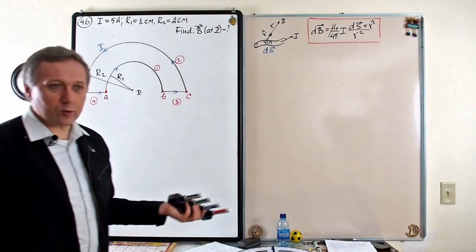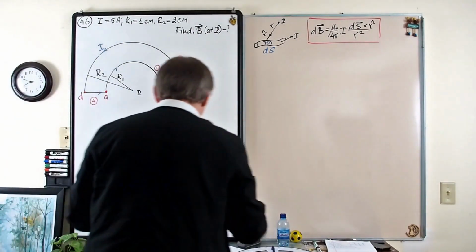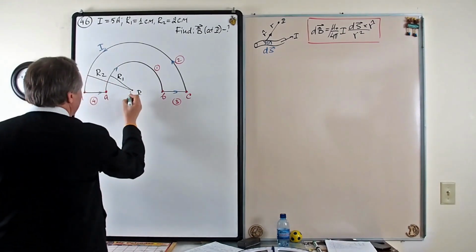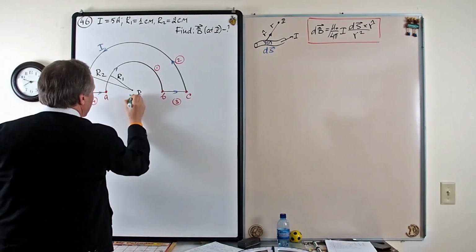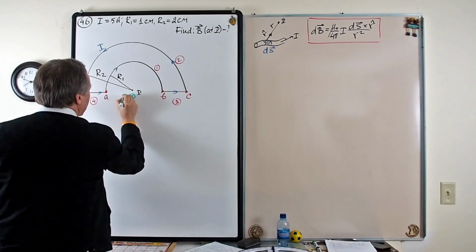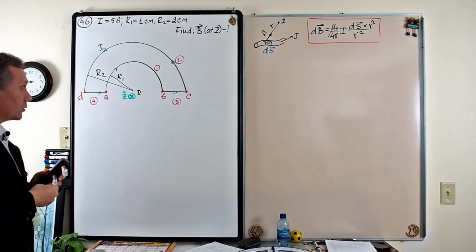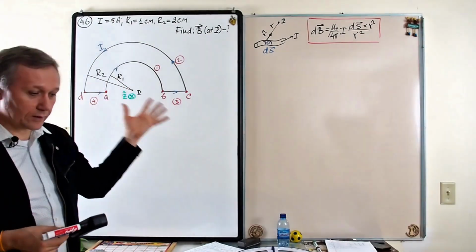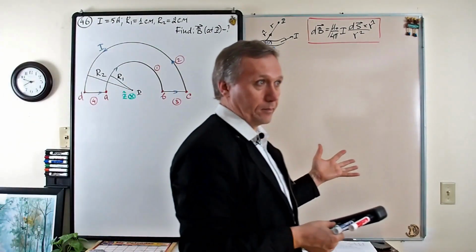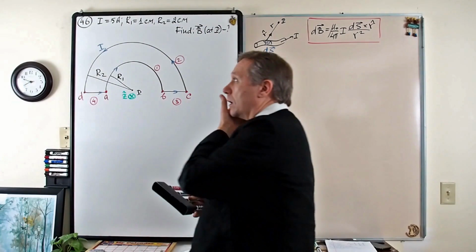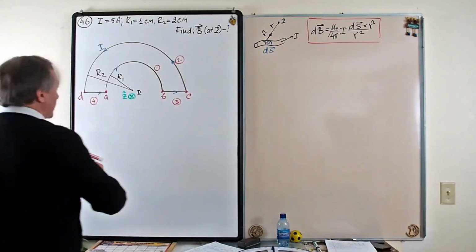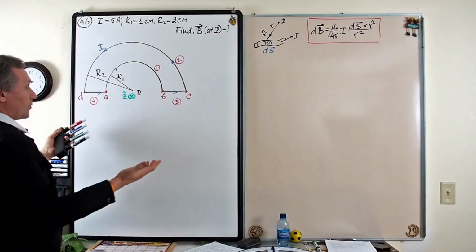It's a coordinate system. You can pick any coordinate system you want. Okay, so let me pick z-axis into the board. So in means cross. That will be my z-axis, so that my final result will be written in vector form. And so now let's write our principle of superposition.